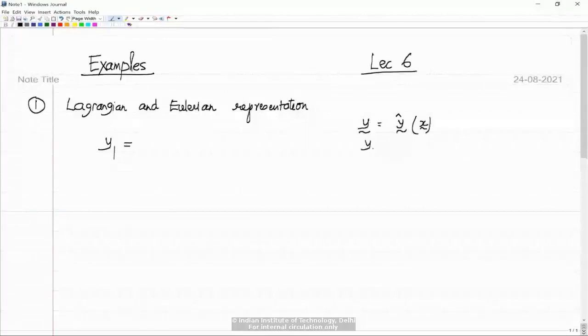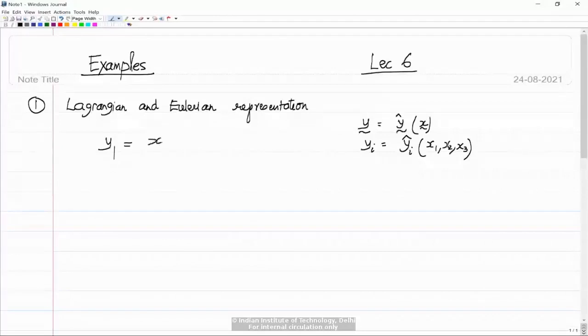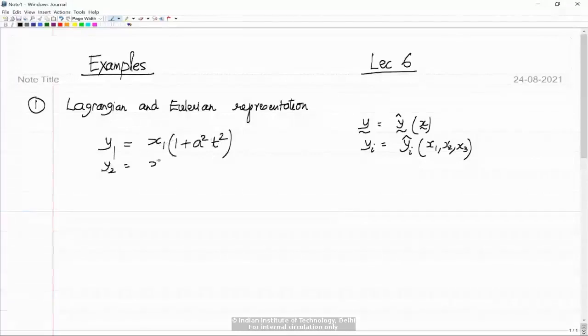And component wise, yi is equal to y hat i of x1, x2, x3, all three, isn't it? So think of a spatial deformation in which y1 is equal to x1 times 1 plus a square plus t square. Okay, and then y2 is same as x2, whereas y3 is equal to same as x3.